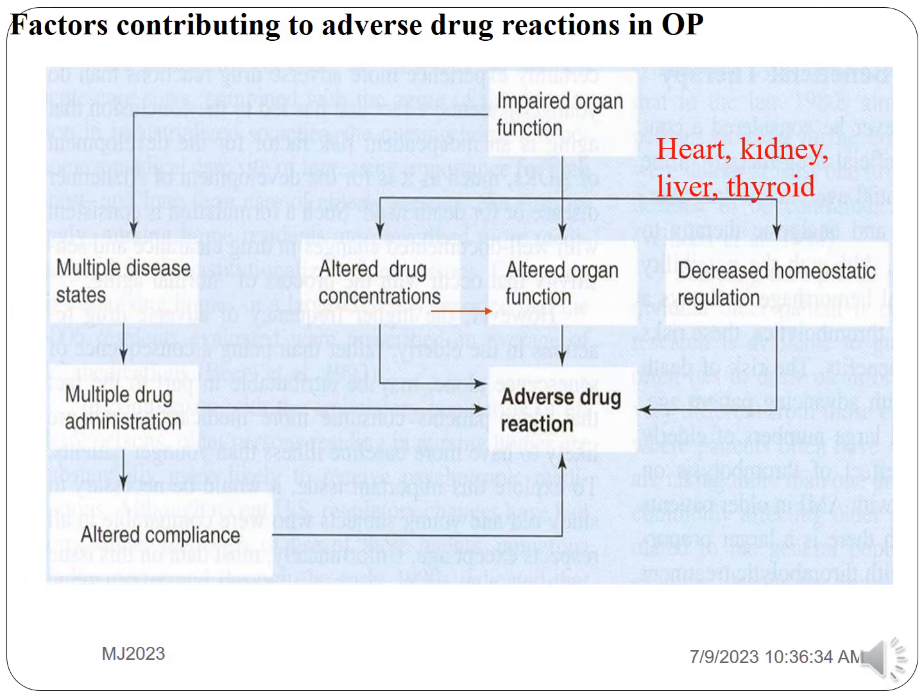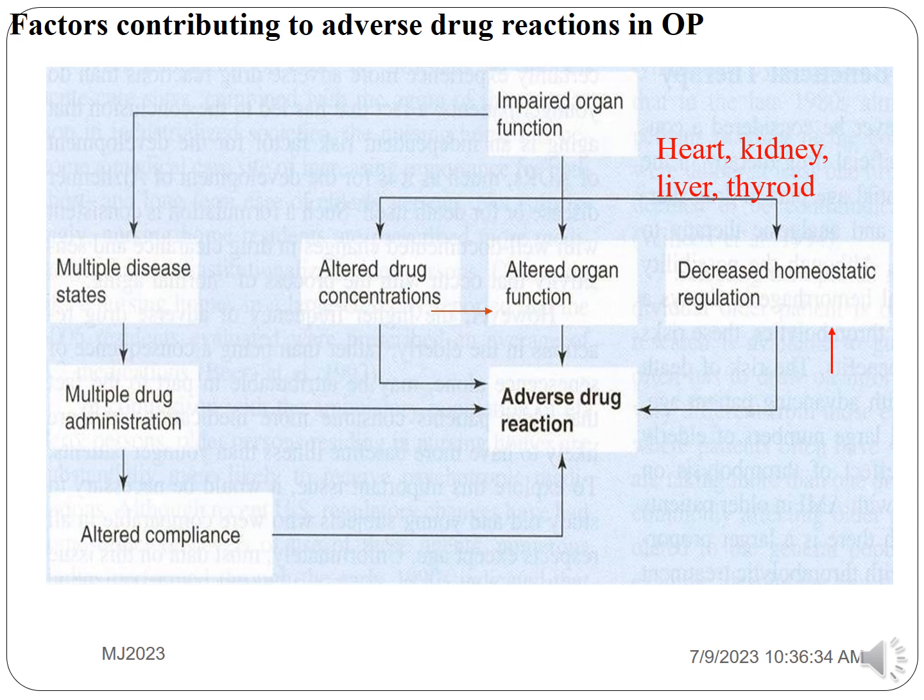Okay, so for instance, in older persons, if they have impaired organ functions, they may have multiple diseases, and because of that they have altered drug concentrations, and this again interacts with the altered organ functions.